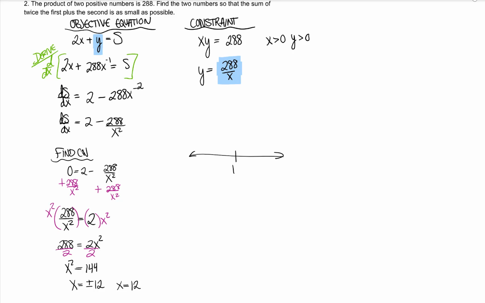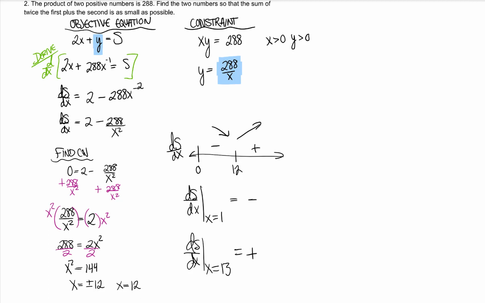So on the number line, again, must be greater than 0. My intervals for dS/dx, or the derivative, is negative here, and positive here.